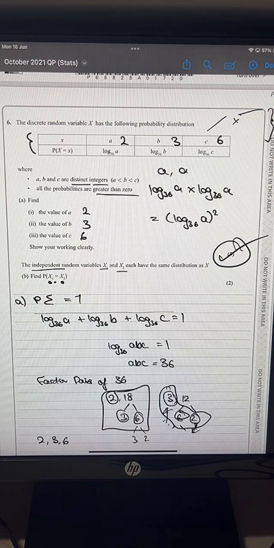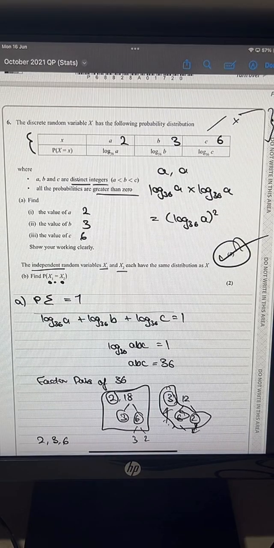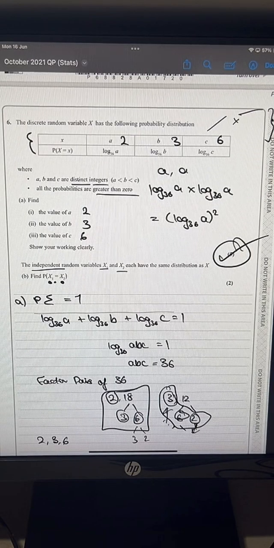I think question one from last year's paper was the hardest question in my opinion. Question one had me stumped. I did the rest of the paper, came back to question one at the very end. But for the 2023 paper, I don't know what they were doing when they were making the last two questions. The second last and the last question was kind of weird with that frequency polygon question.